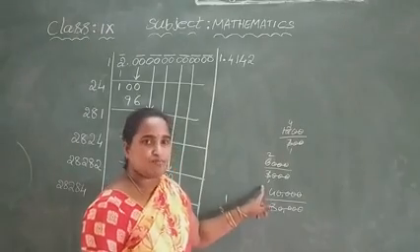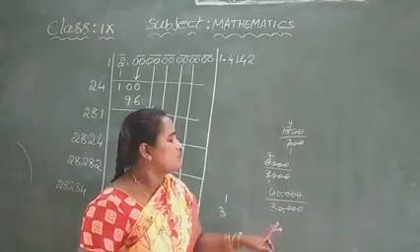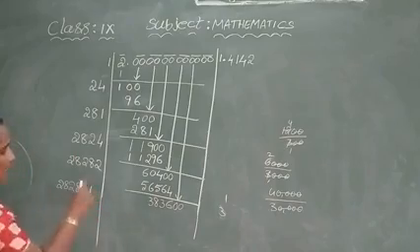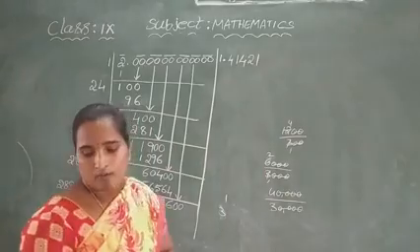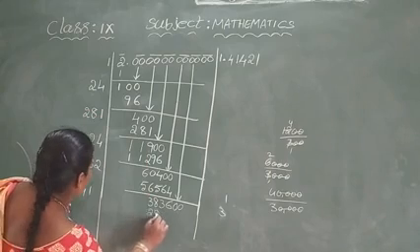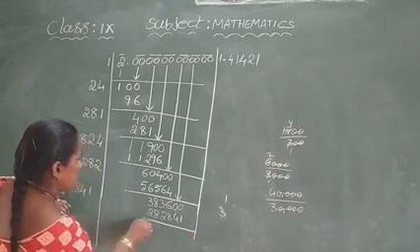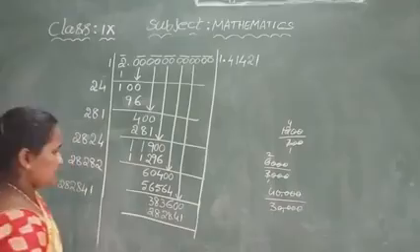But only 1 times, 3 ones are 3. 1 point something is there, so you can take 1. So that's why here we can take 1. Then here also 1. Okay? Then you take 28,284 1, that number is there, the nearest product of that one.